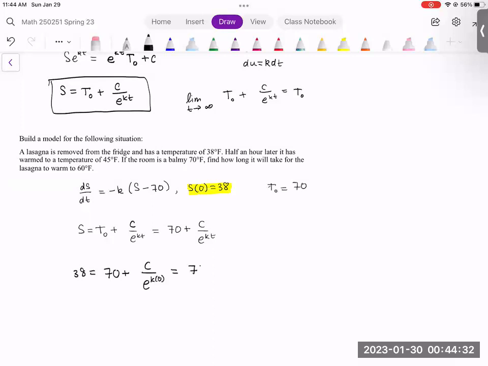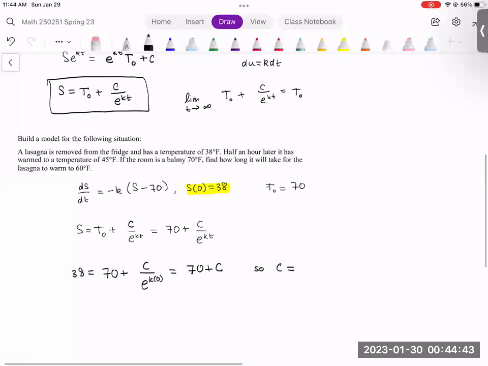Solving for C, we get that C is equal to 38 minus 70, which is negative 32.